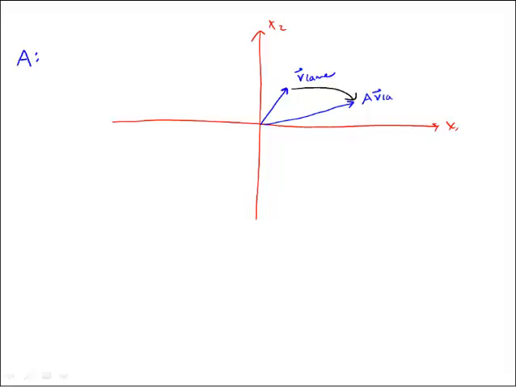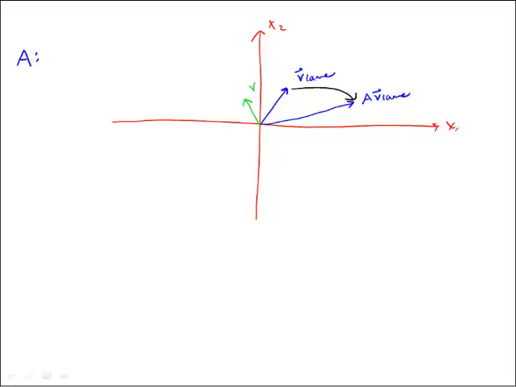So that's A times V sub lame. It rotates it and stretches it. Now, it just so happens that there are certain vectors in our vector space that A will only stretch or shrink. A will not rotate them at all. And so these vectors are very special.